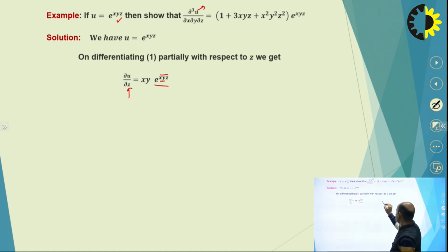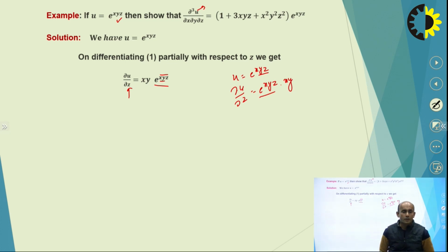So del u upon del z will be e raised to x y z, and differentiating x y z with respect to z gives x y. So we get del u upon del z equals x y into e raised to x y z.